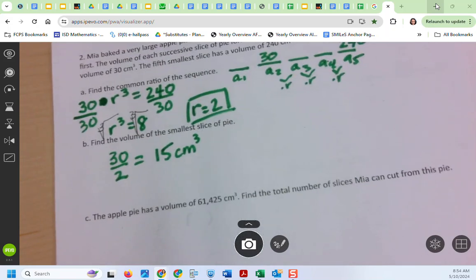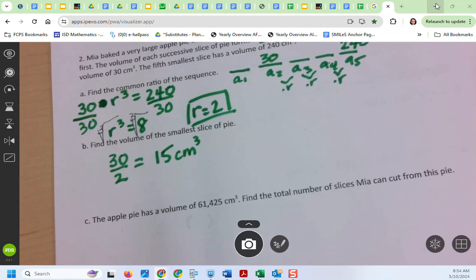Okay, the last one says the apple pie has a volume of 61,425 cubic centimeters. That is its total volume. So what kind of formula are we going to use here? If that's its total volume, am I going to be using the term or the sum formula? The sum.